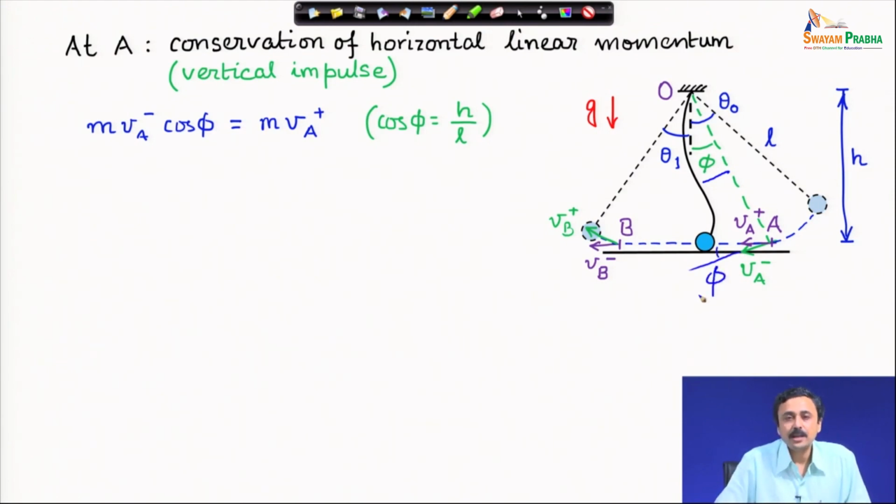Therefore, mass times V a minus cos phi is equal to mass times the velocity of a just after the impulse, because after the impulse it is horizontal only. V a plus is horizontal, and I can calculate cos phi as h over L, straightforward geometry.